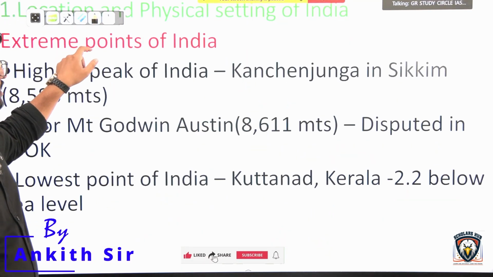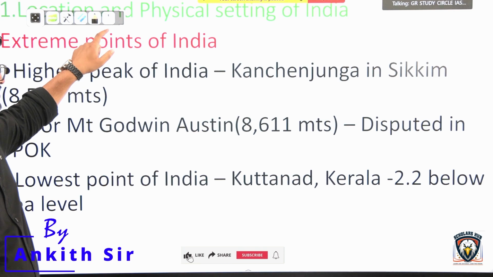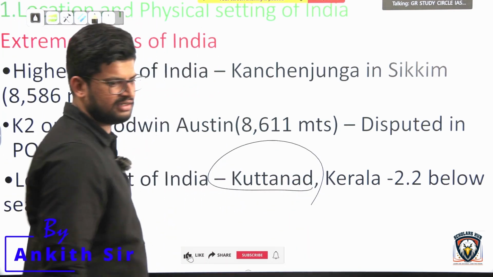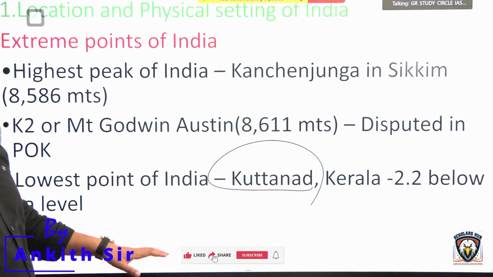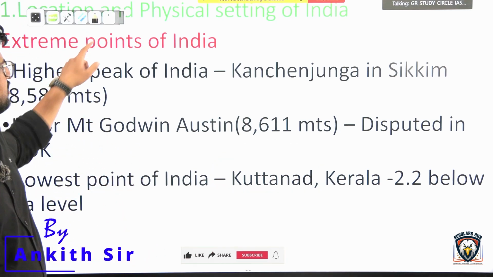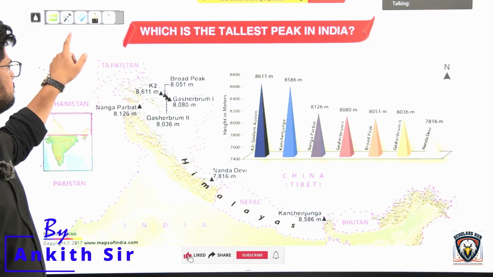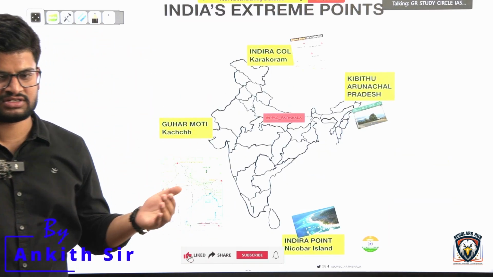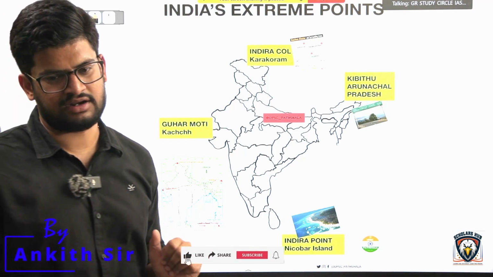The lowest point in India is a place called Kuttanad in Kerala. It is 2.2 m below sea level. So this is about the extreme points, the lowest and the highest points in the country.